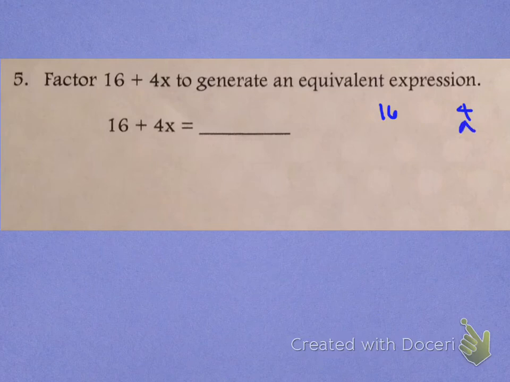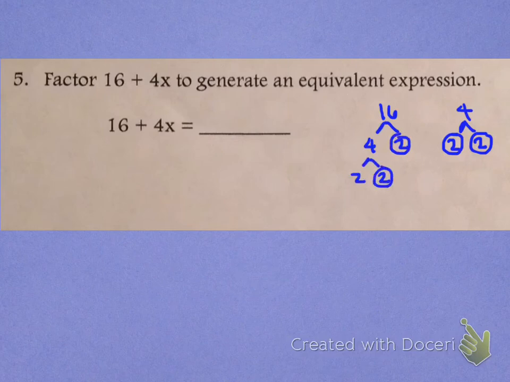If we take the factors of 4, we have 2 times 2, and those are primes, so we would circle those. Factors of 16 is 4 times 2, circle 2, and then 4, 2 times 2. So then we would look at the numbers that we have circled, and we would see the numbers that 16 and 4 have in common. 4 only has 2 2's.